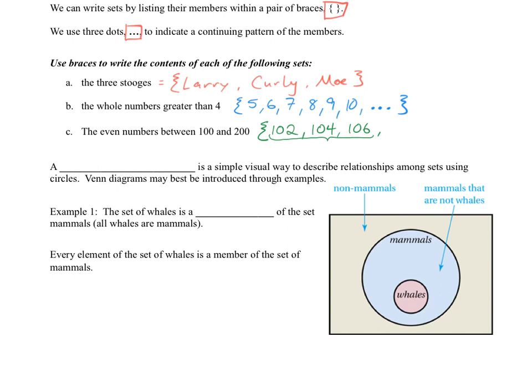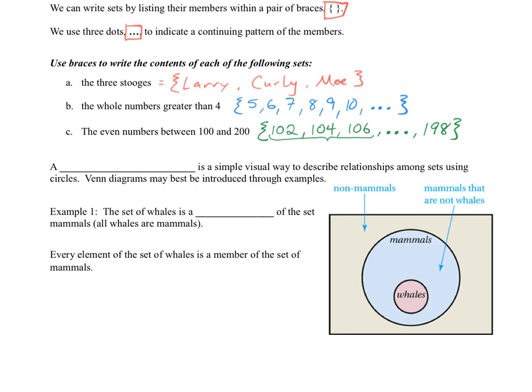Now there are a lot of other numbers between that and when we get up to 198. So I'm going to put all these dots here this time in the middle, and we can end with 198. That's how you could represent all of the even numbers between 100 and 200.